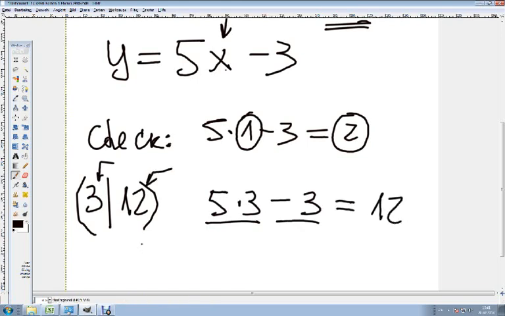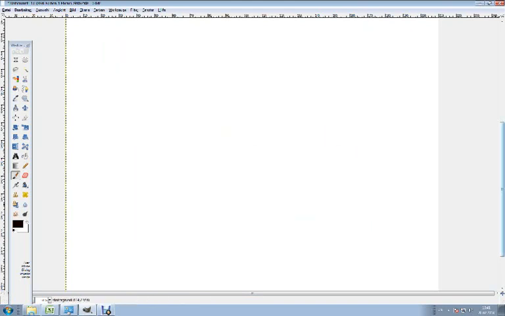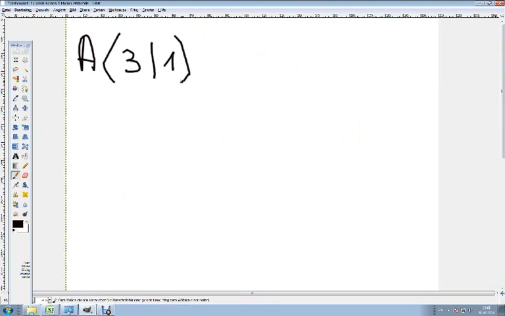Well done. If you like, I give you an example for self work like this. A is 3 and 1, and B would be 9 and 15.